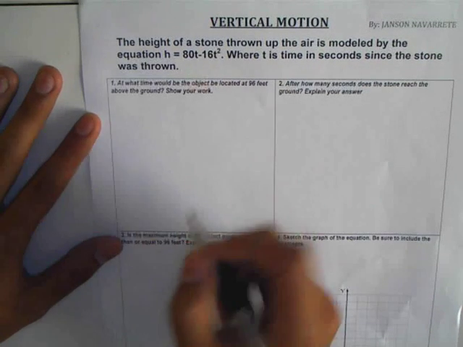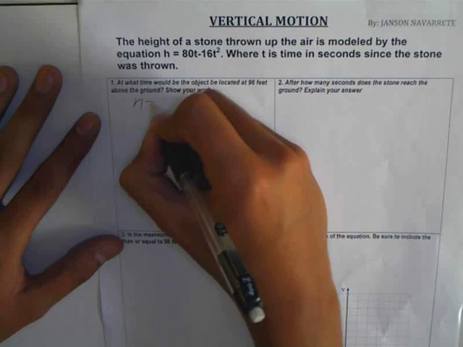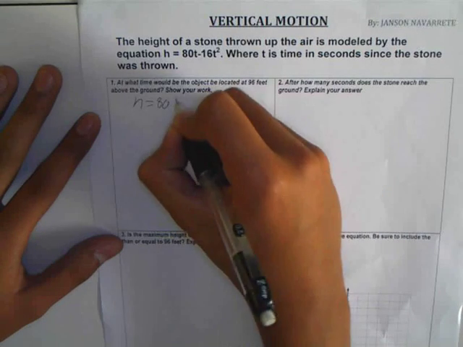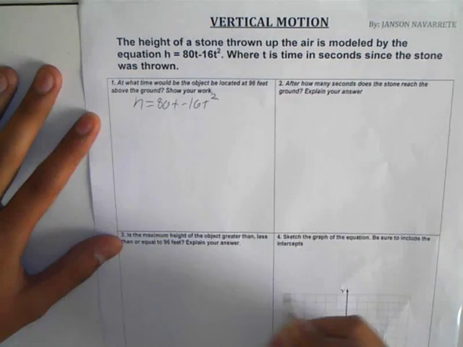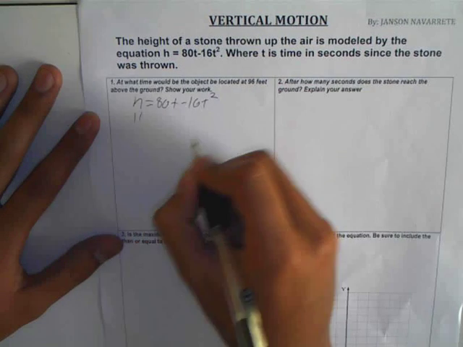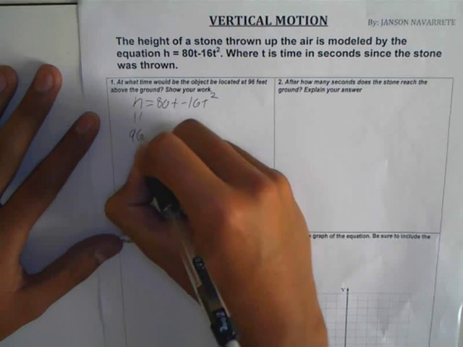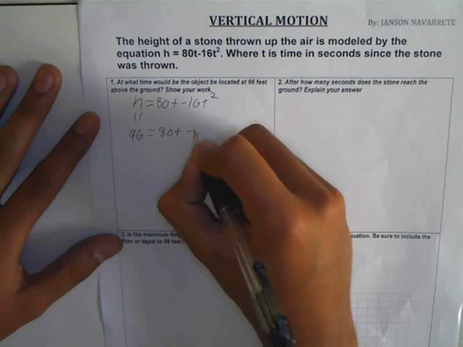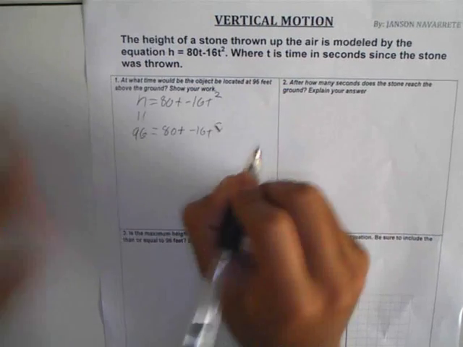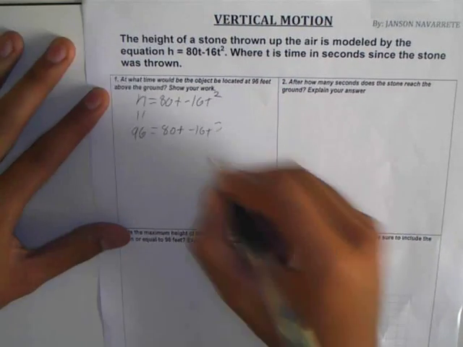Well, first thing we do is write the formula. Then we substitute h to the height we have, which is 96. And then you just write everything all over again. Sorry for the inconvenience.